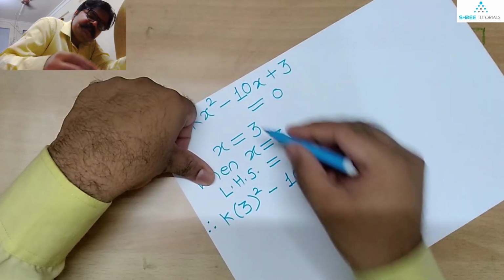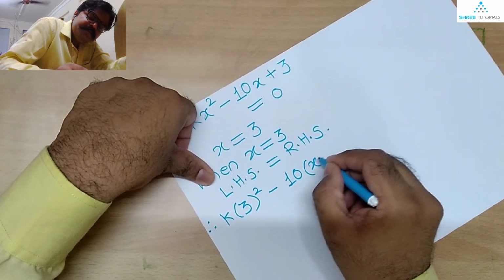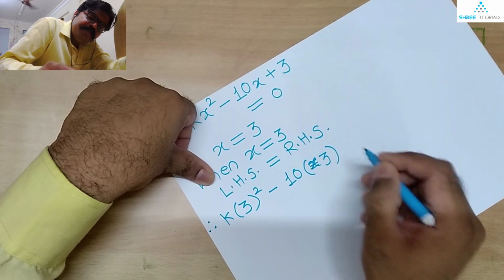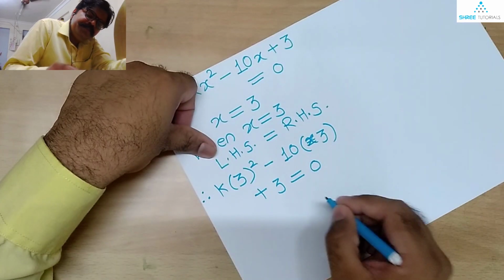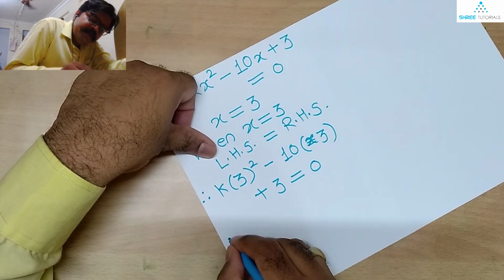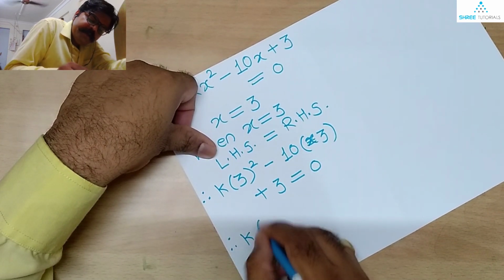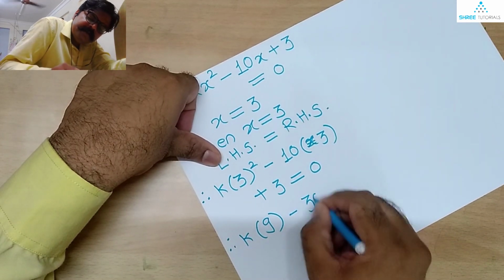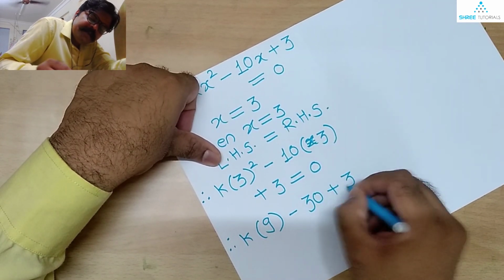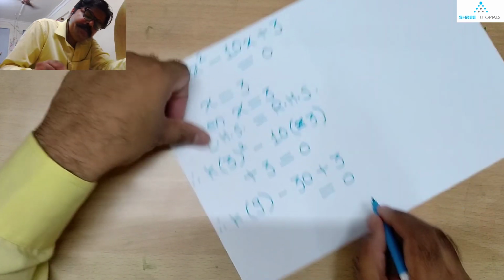In place of this x, again I am going to substitute 3, plus 3 is equal to 0, RHS 0. And therefore k multiplied by 9 minus 10 3s are 30 plus 3 is equal to 0.